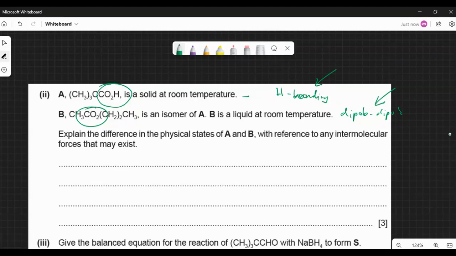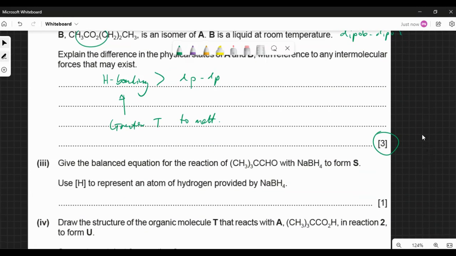And then you've got to state that hydrogen bonding beats dipole-dipole, and therefore you're going to require a greater temperature to melt this. Greater temp to melt. These ones, you've got to learn how to answer them. They're going to come up, so make sure you understand that.